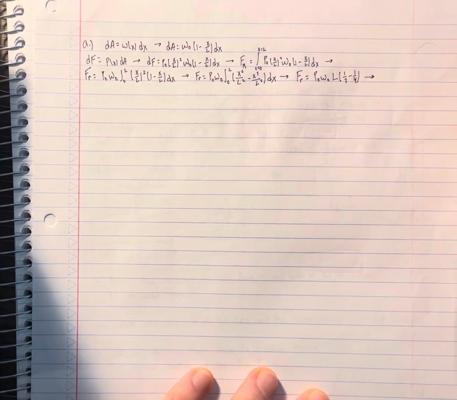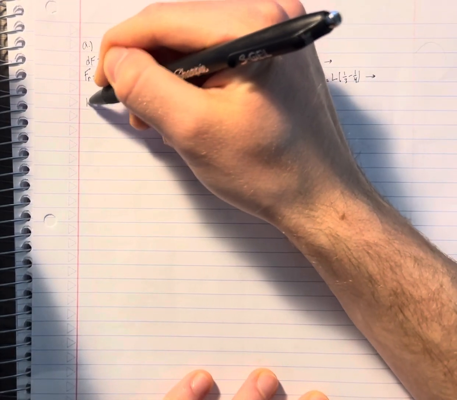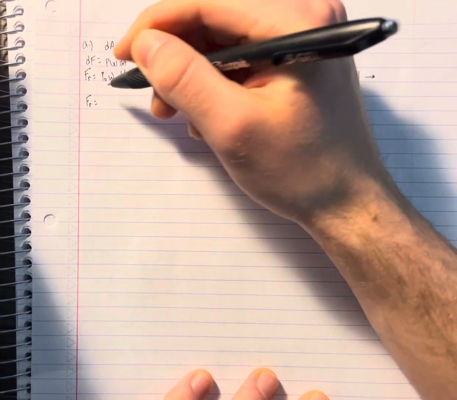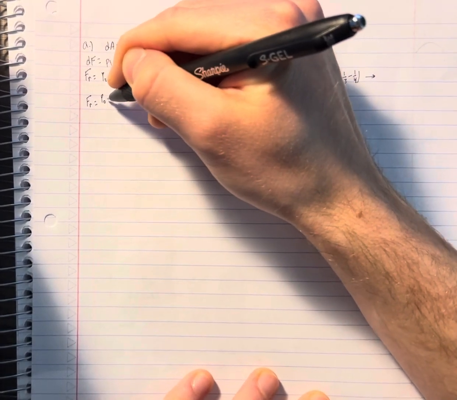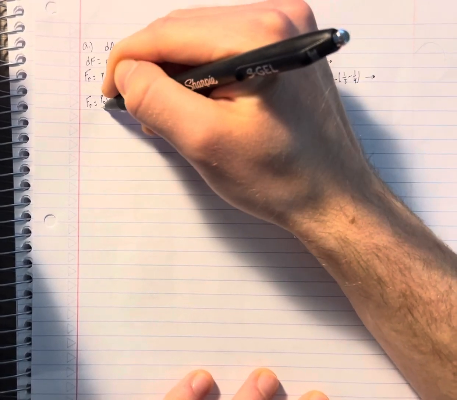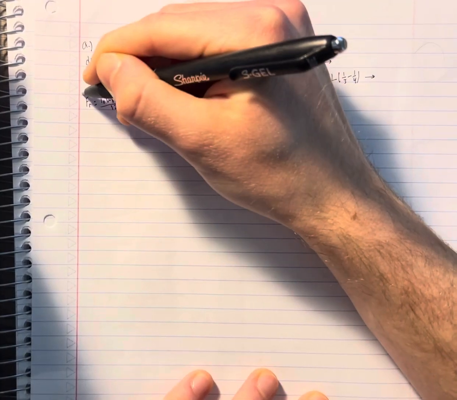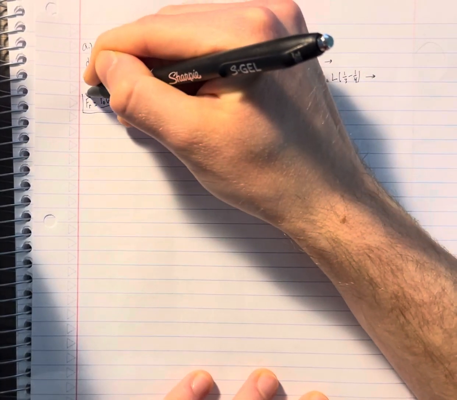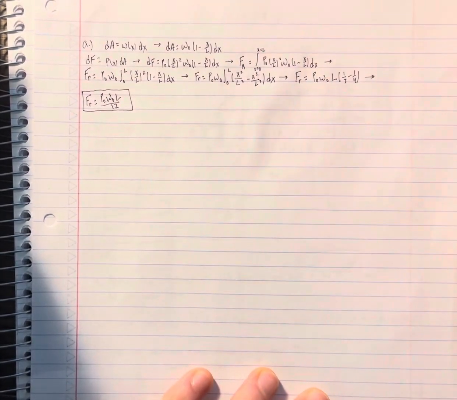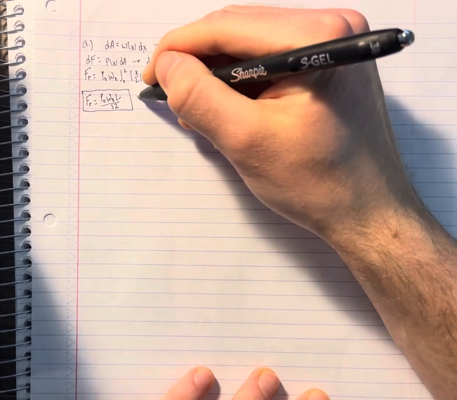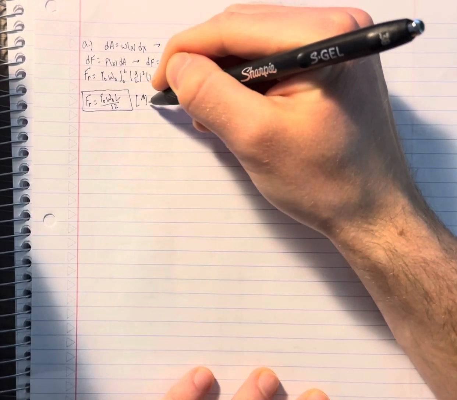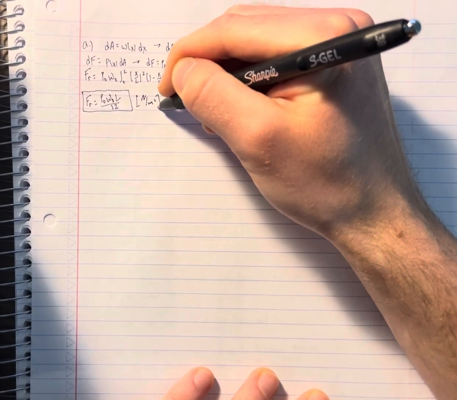Then simplify all that out, and you get FR equals P0 W0 L over 12. And this will be like newtons per square meter or something like that.